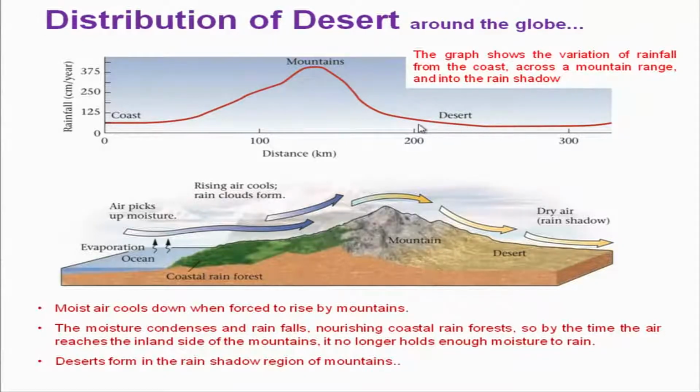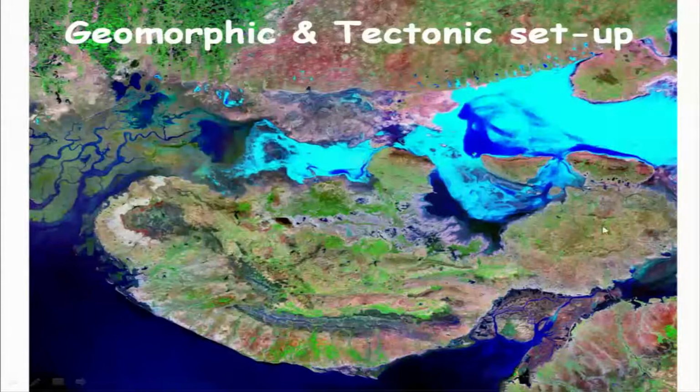There is a very small amount of rainfall beyond. So the graph shows the variation of rainfall from the coast across a mountain range and into the rain shadow region. So this is also one of the reasons, if we consider the topography, which plays an important role.